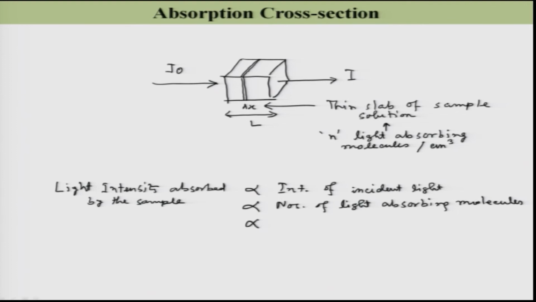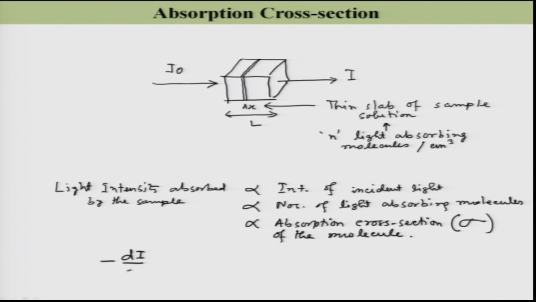and that proportionality constant, as in the Lambert-Beer's law, here automatically will come as the cross section, or absorption cross section, of the molecule, which is generally denoted as sigma. So, I can write simply minus dI/dx is equal to I sigma n, that is it.